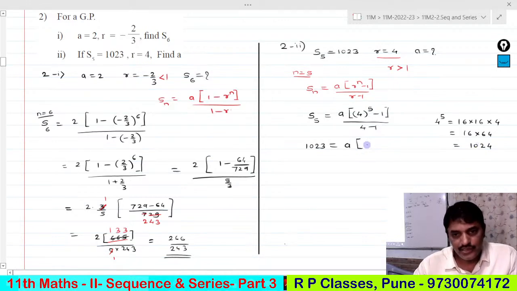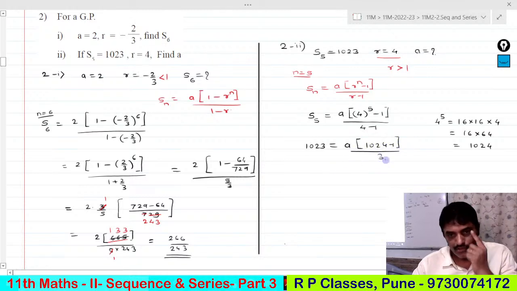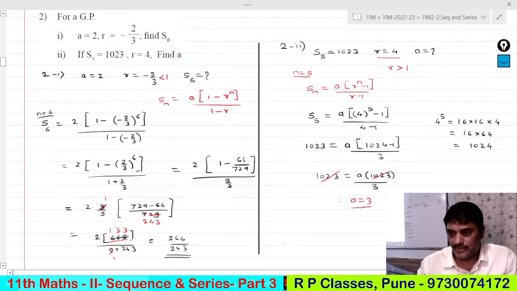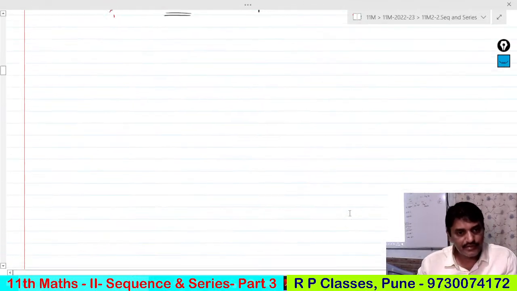Correct? So I'll write this as 1024 minus 1 divided by 4 minus 1, which is 3. So this goes to the other side. Now this will become 1023 is equal to A into 1023 upon 3. This gets cancelled. Cross multiplying, A is equal to 3. Any doubts? Next question.